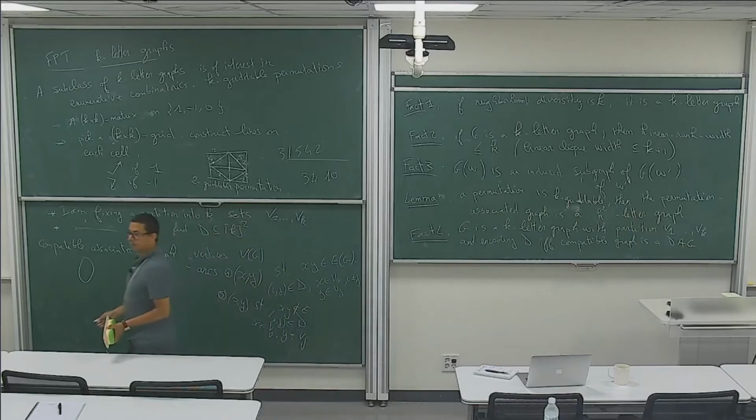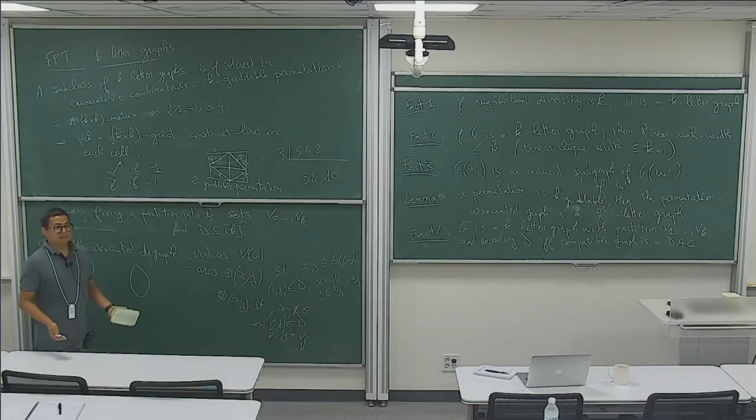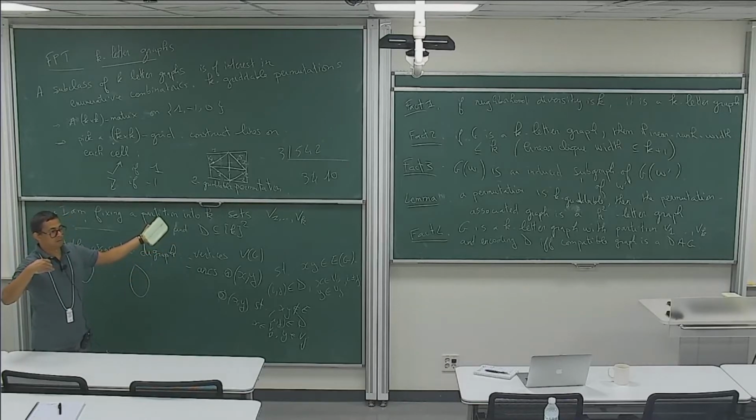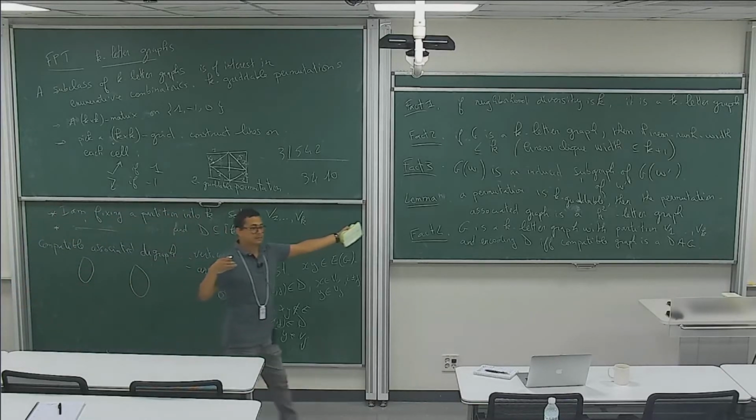If it is a DAG, what does it mean? That means you can do a topological ordering and find the order, and it will preserve the precedence.